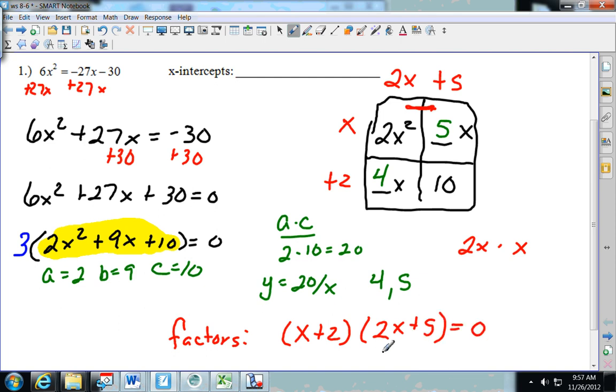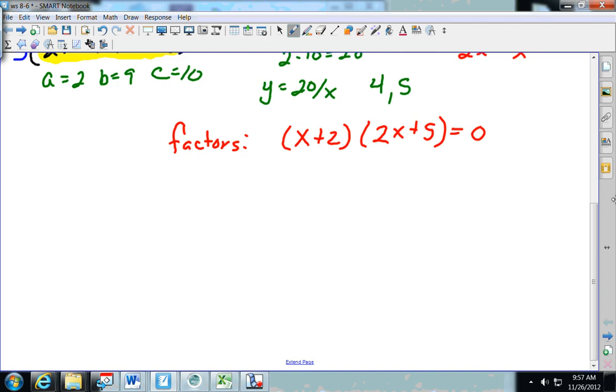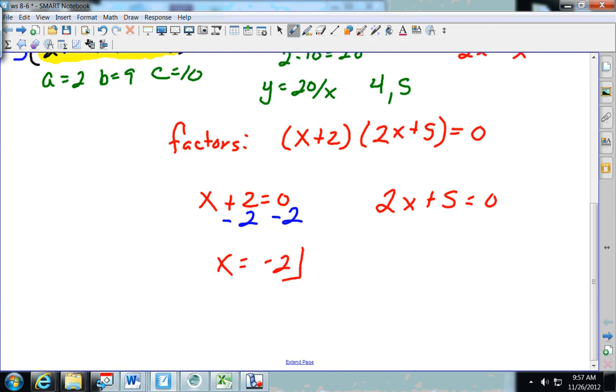This is that equation in factored form, but it's not my intercepts yet. To find your solutions in your intercepts, we've got to set that equal to 0. So I have x plus 2 equals 0, and 2x plus 5 equals 0. So I'm going to subtract 2 from each side. x equals negative 2. That's one of my solutions. Subtract 5 from each side. I get 2x equals negative 5.